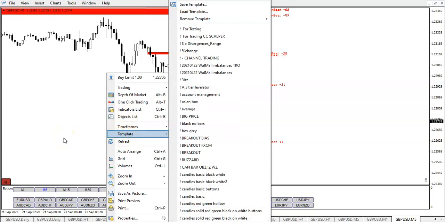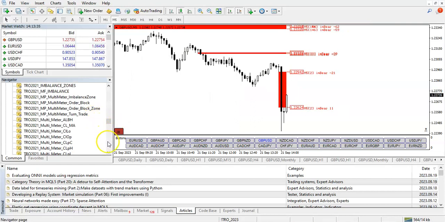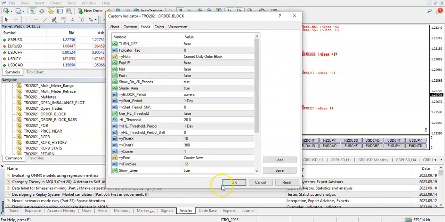So we're going to have to come out here and find the order block indicator. Here we go. Order block.